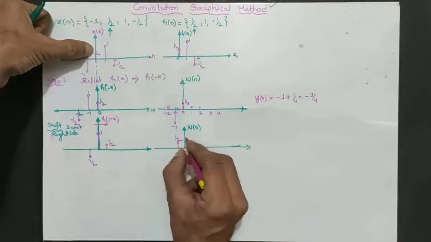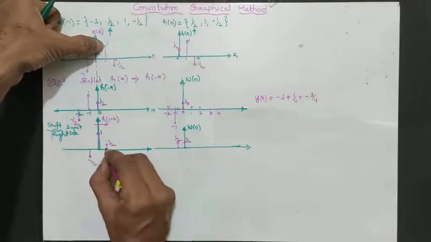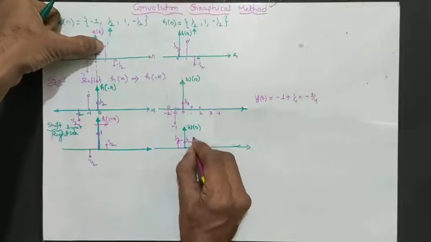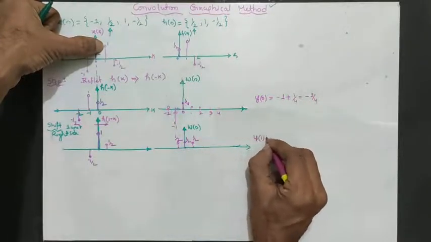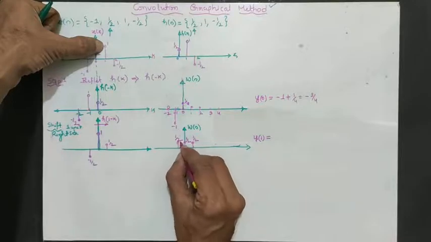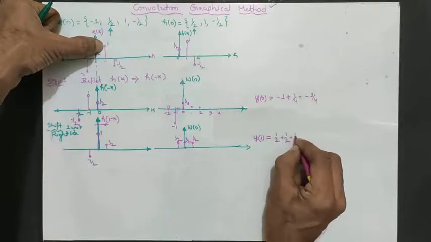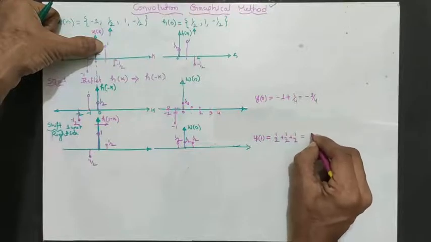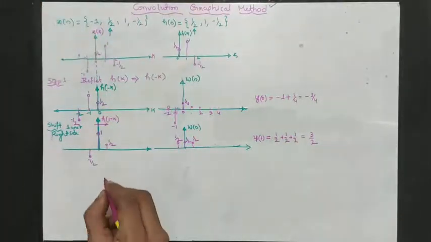Half multiplied by 1, the answer is half. 1 multiplied by half, the answer is half. Sum it up so that I get y of 1. Now y of 1 is half plus half plus half, so I got 3 by 2.